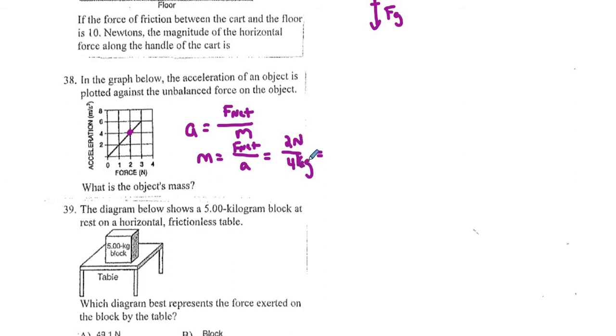Oh, sorry, this is not 4 kilograms, this is 4 meters per second squared. And we get a mass of 0.5 kilograms. That's my answer. Notice that if you do this for any 2 points, this would be 1 over 2. If you do it up here, this would be 3 over 6. So you get the same answer no matter what point you pick: 0.5 kilograms.